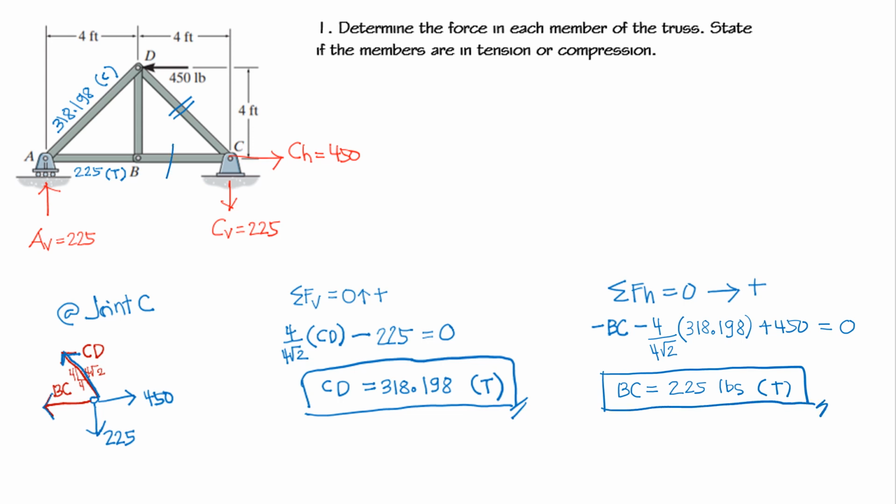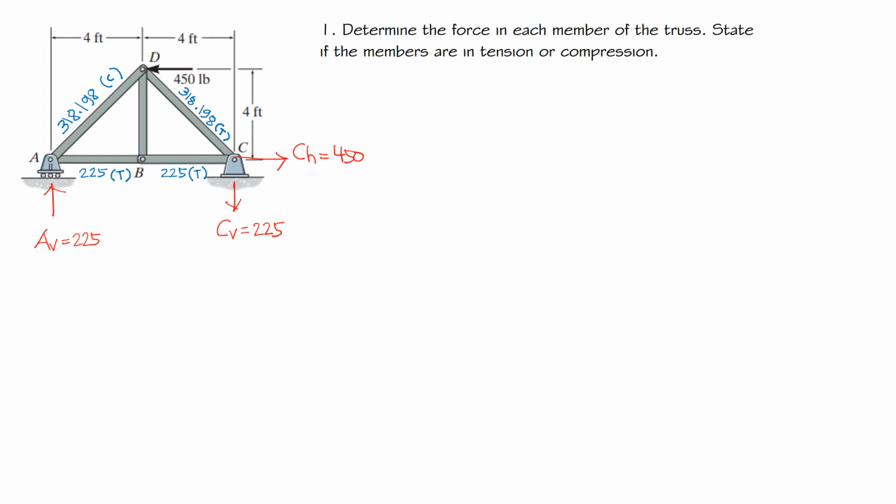So BC has been solved already, and we are now left with member BD. Lastly, we can now solve for the value of member BD. So ito na lang yung kailangan natin.